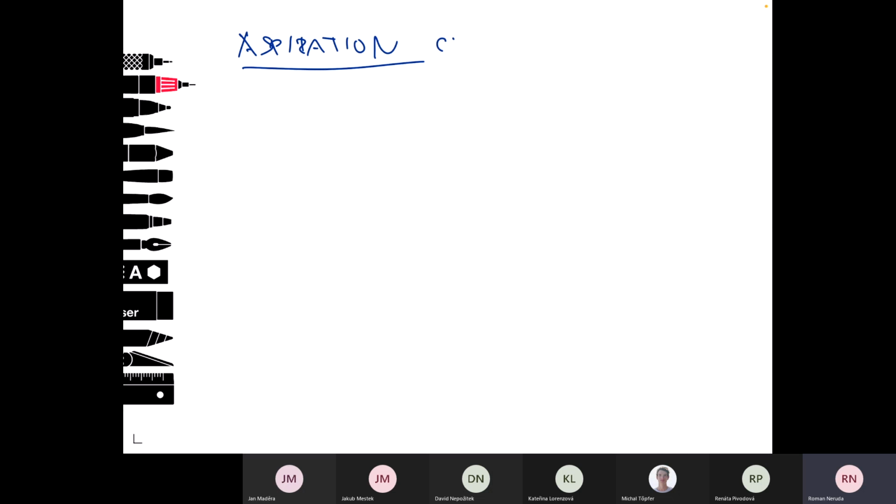So we're having aspiration criteria, and these are usually based on the fitness.